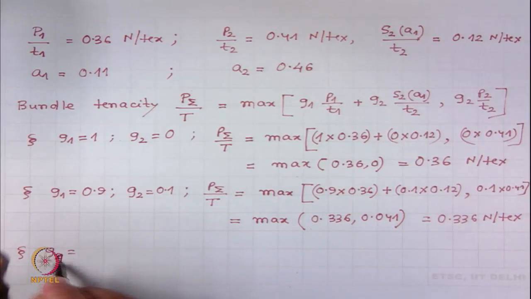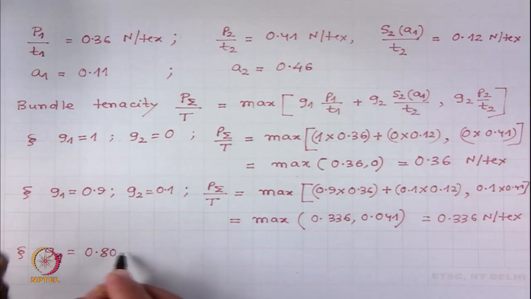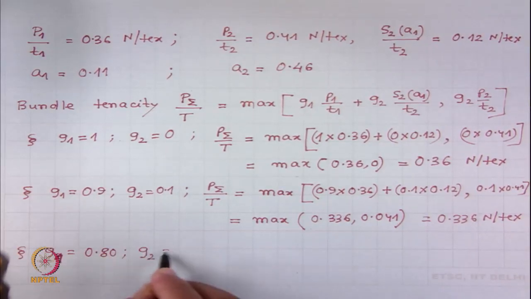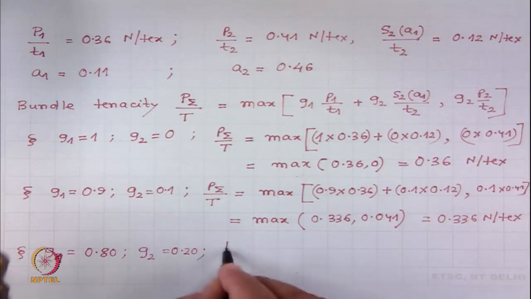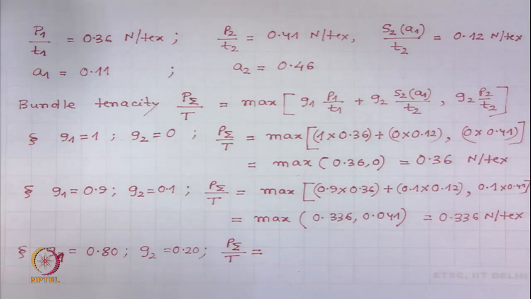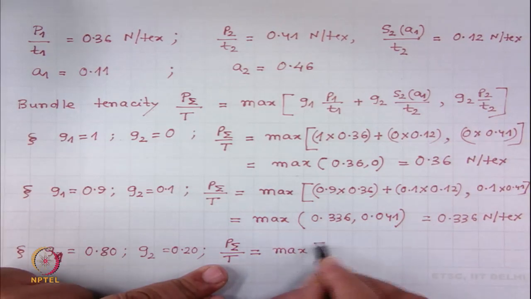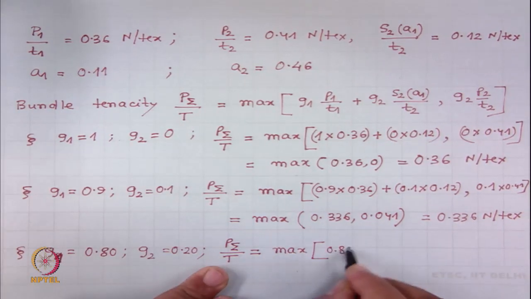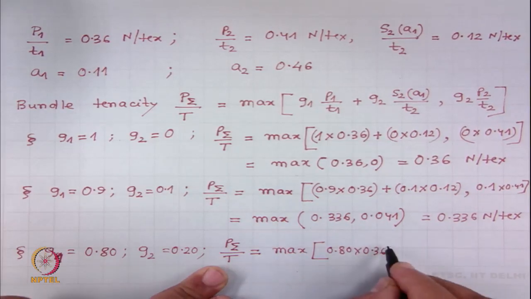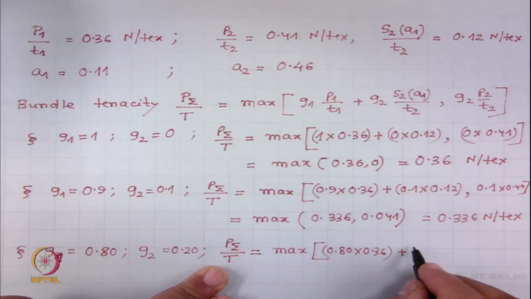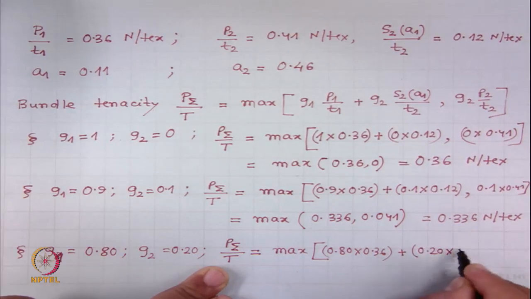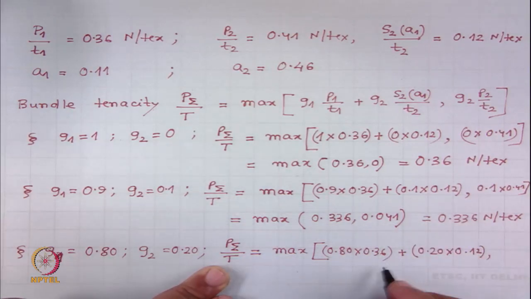G1, the cotton fiber percentage, is 80 and G2 is 20. What will be the bundle tenacity? We use the same formula here, the maximum of G1 is 0.80 into 0.36 plus 0.2 into 0.12, comma, 0.20 into 0.41.